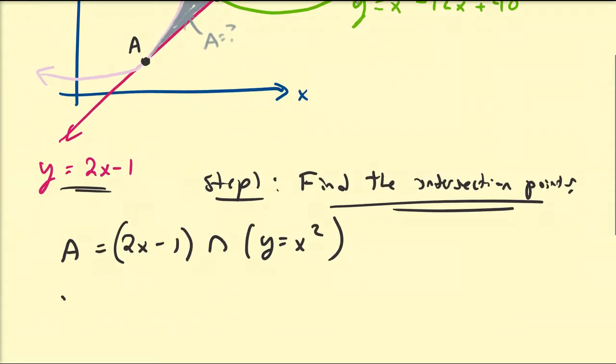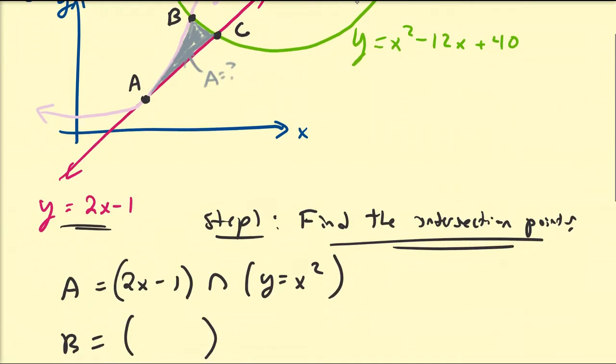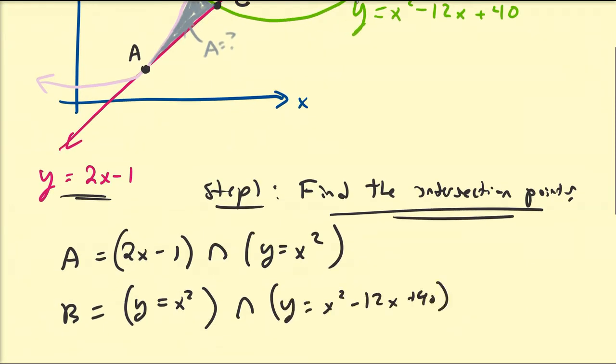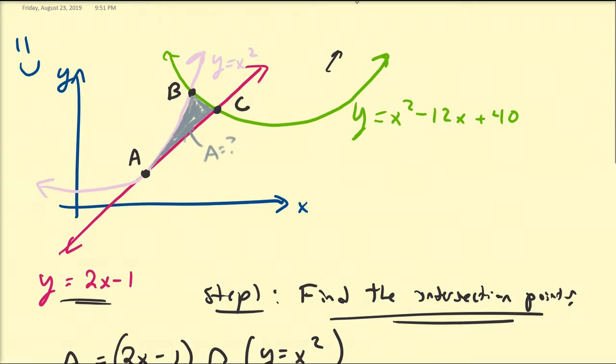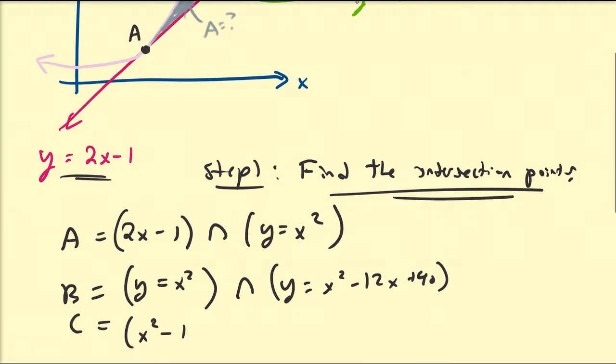B is going to be the intersection of pink and green, so y is equal to x squared, and y is equal to x squared minus 12x plus 40. And C is going to be the intersection of green and red: x squared minus 12x plus 40, and the line 2x minus 1.